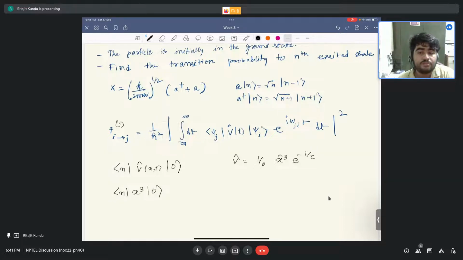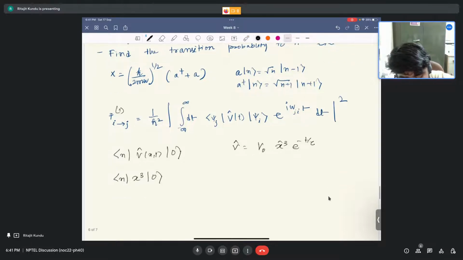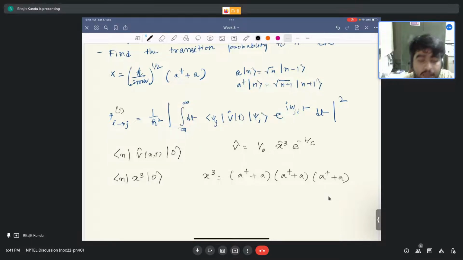You know from basic quantum mechanics that x can be written in terms of the ladder operators, the creation and annihilation operators. So let us use that. Let us first write x cube: x cube is a plus a dagger times a plus a dagger times a plus a dagger.